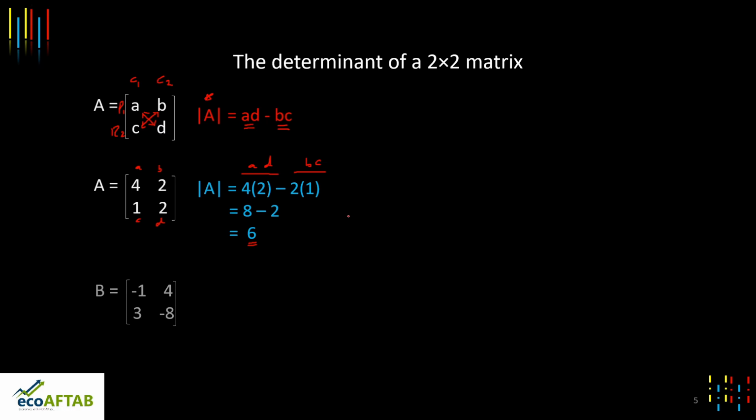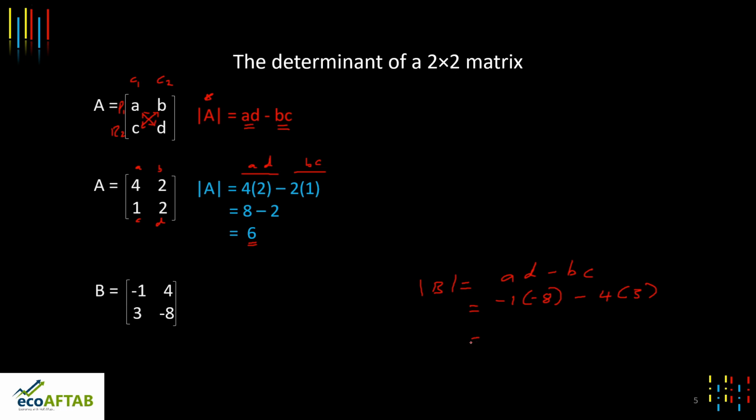One more example, if we are having a matrix B, then what is the determinant of B? So here you can see determinant of B is, what I am going to do, AD minus BC. So AD is -1 into -8, minus what is B? B is 4 and C is 3.